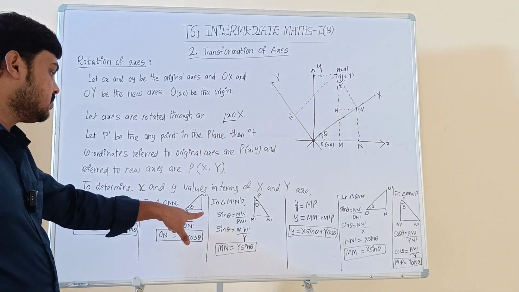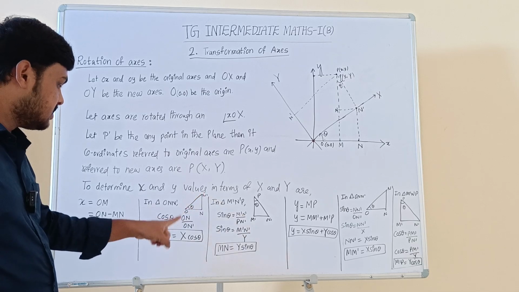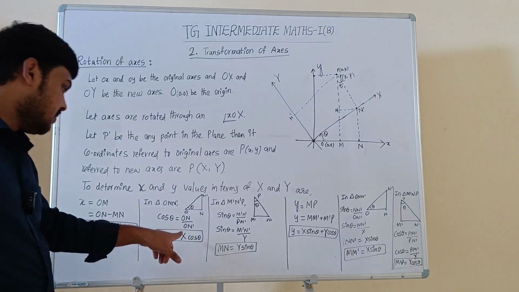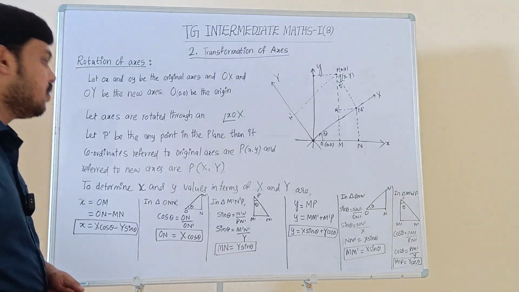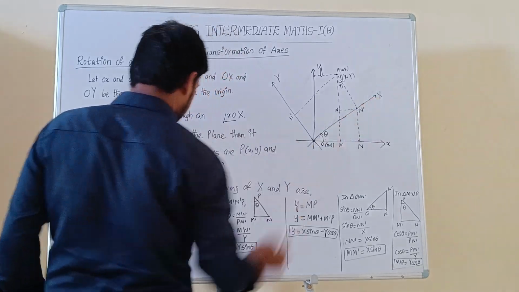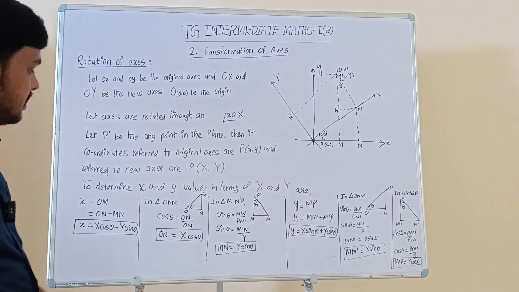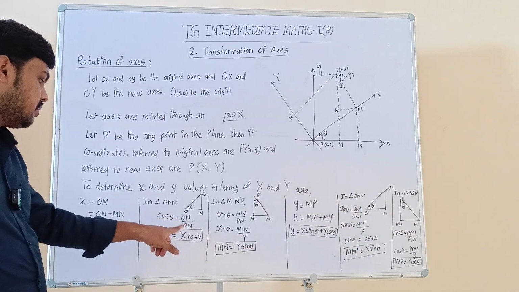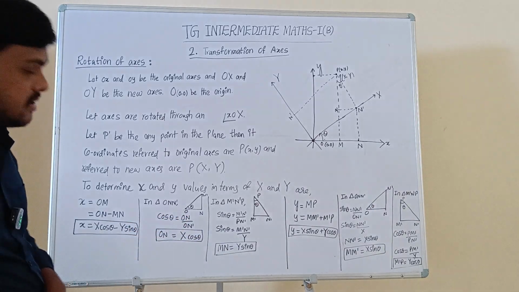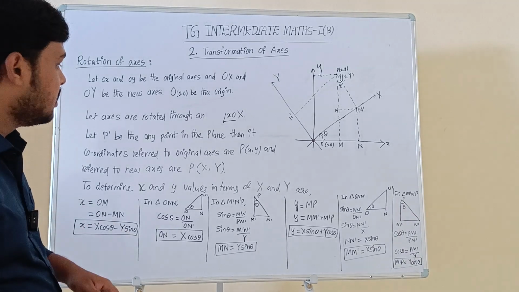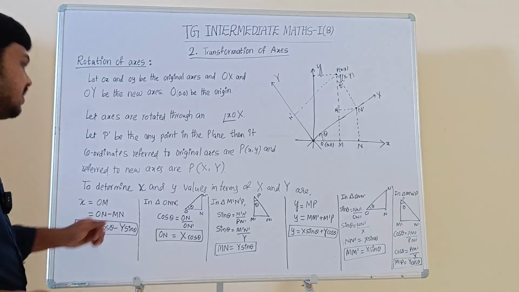Your adjacent is ON and your hypotenuse is O and dash, and O and dash is nothing but capital X. So ON is equal to capital X cos theta. So I am writing capital X cos theta minus, and then I want to find MN.